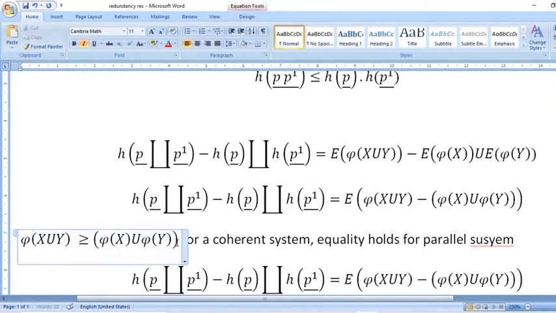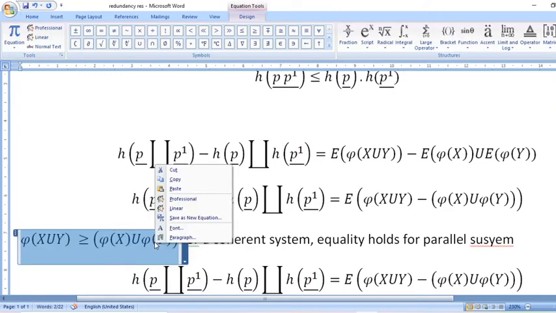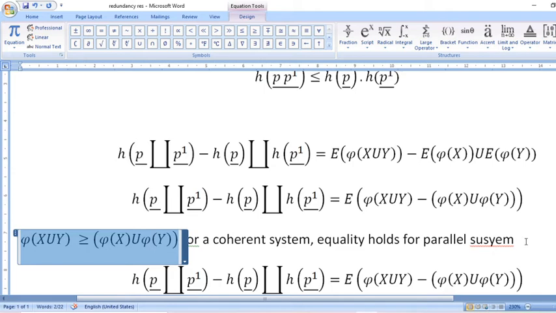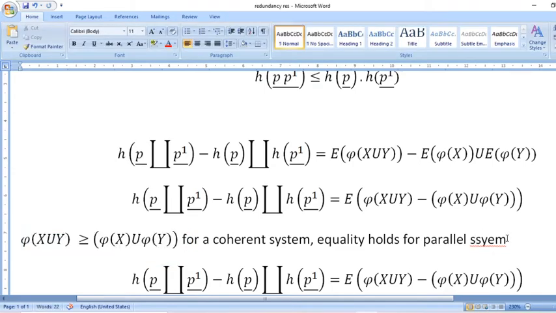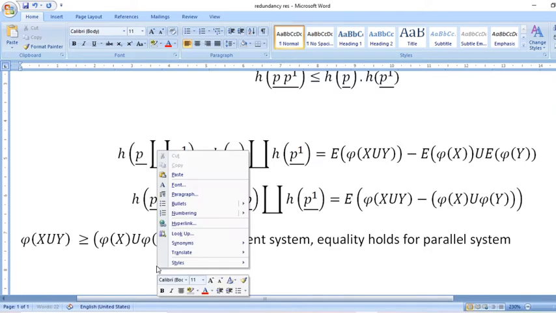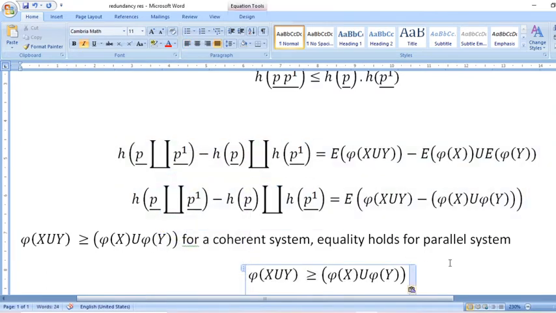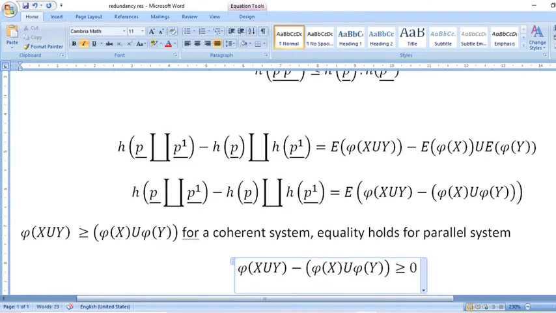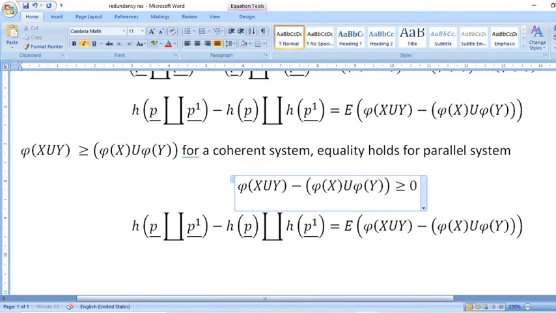That means this is equivalent to say that this difference is greater than or equal to 0, right?